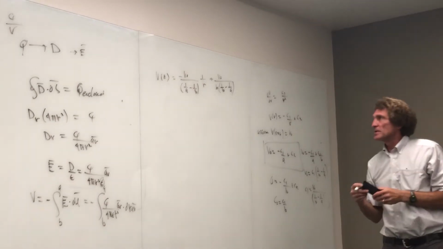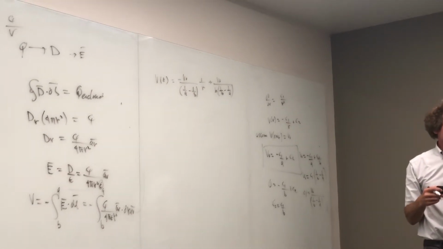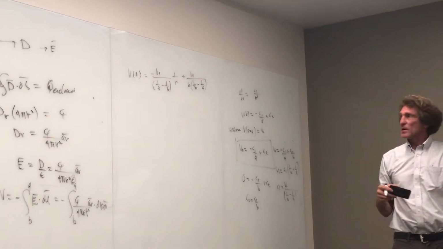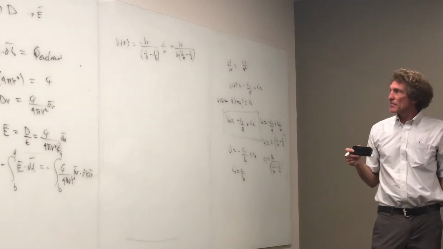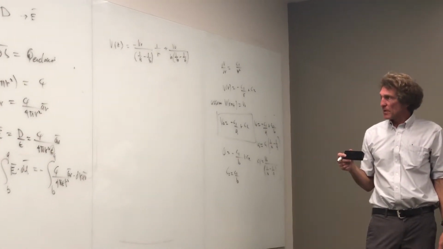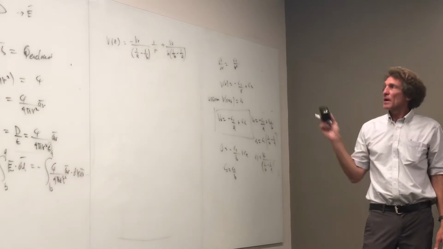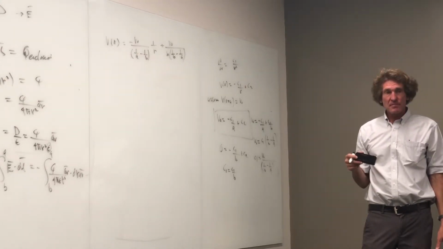And that's V of r. Do you all agree with that? I know the constants are a little odd right there, but we can simplify them if we want. I'm going to leave it like that. Are you with me on this one?